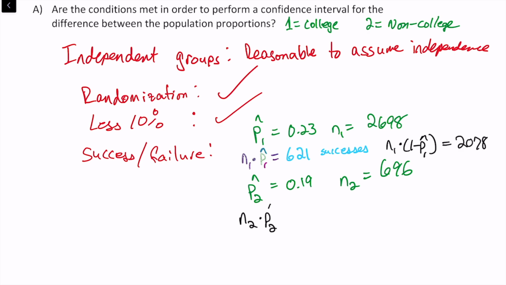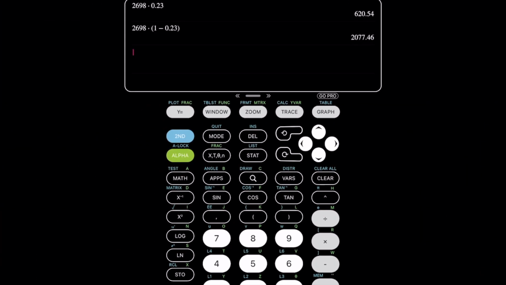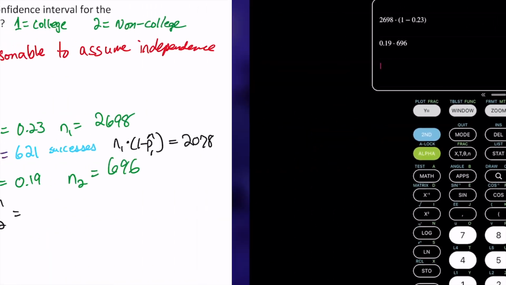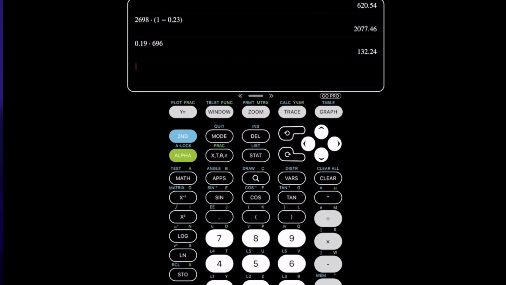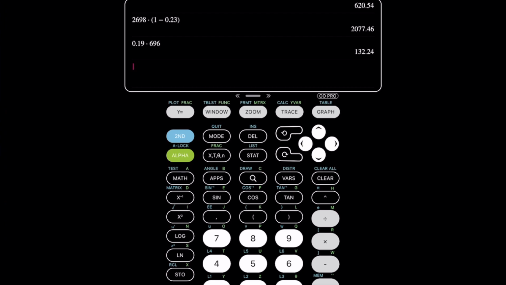N2 times P2 hat. So that will be 0.19 times 696. That's 132.24. I'm just going to make it 133. And then we're going to do N2 times 1 minus P2 hat, which will be 696 times 1 minus 0.19.